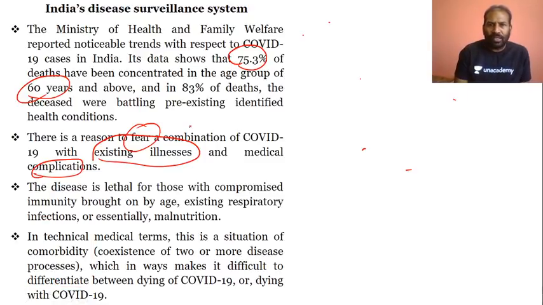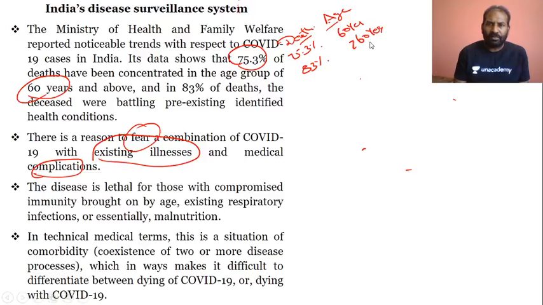Prior to that, I would just take up the death cases and age. Fine. So death cases 75.3 percent, age close to 60 years, and again 83 percent above 60 years. Fine.